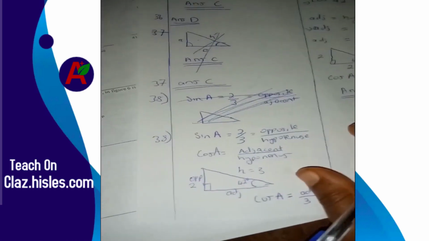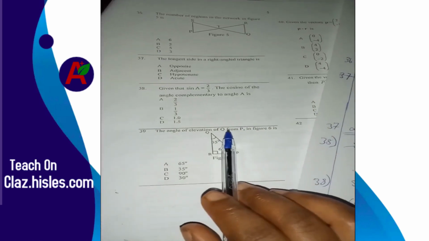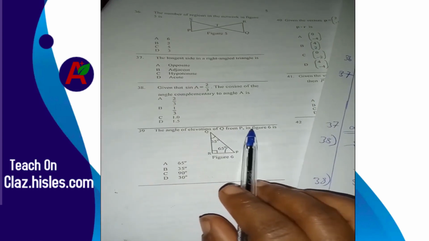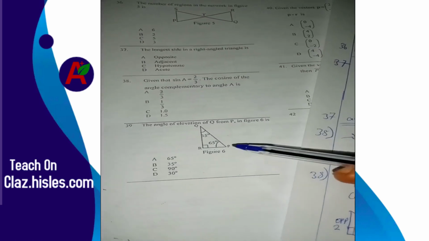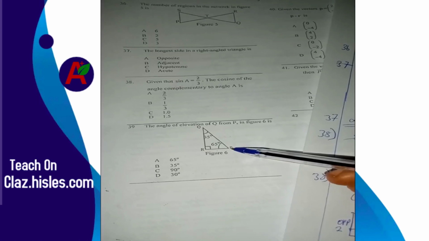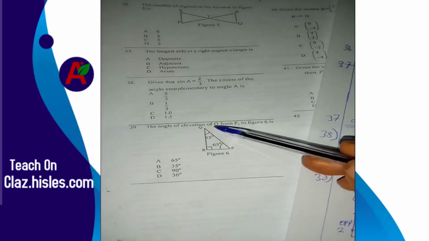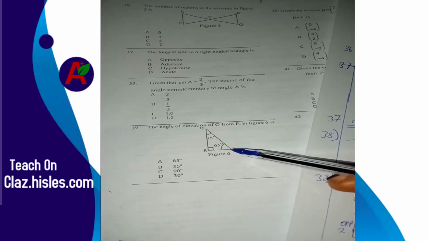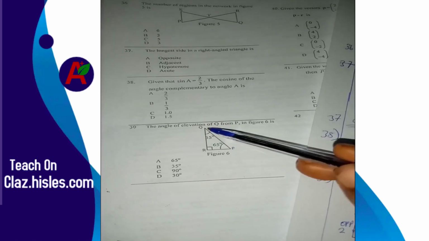Question 39. The angle of elevation of Q from P in figure 6 is... The angle of elevation means if you are standing at P and looking up to Q, what is the angle? 65 degrees.